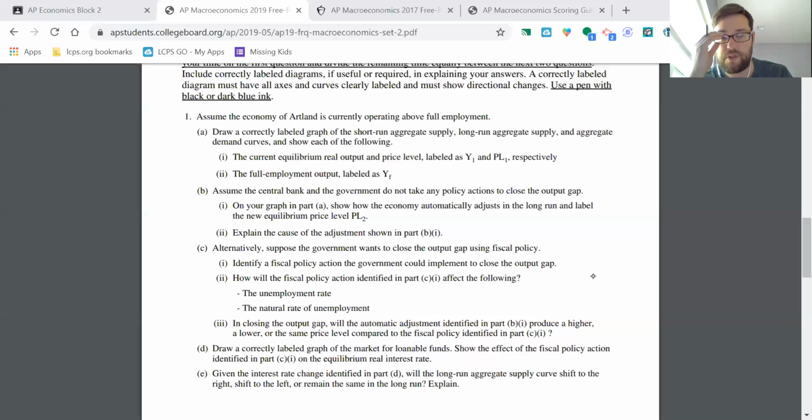Input prices are increasing. That could be nominal wages, or it could be actual raw costs. Another reason you could mention is that inflationary expectations are increasing. You didn't need to say all of them. I don't believe you were asked to explain more than one, but those are mechanisms by which this short run aggregate supply curve is going to shift back to the left, thereby closing this gap.